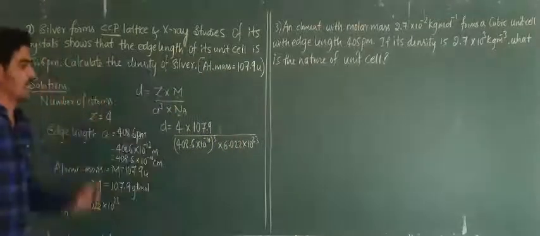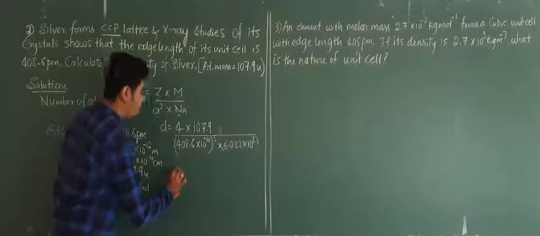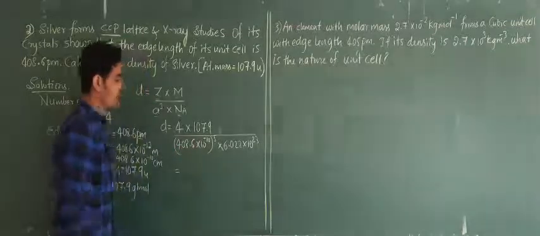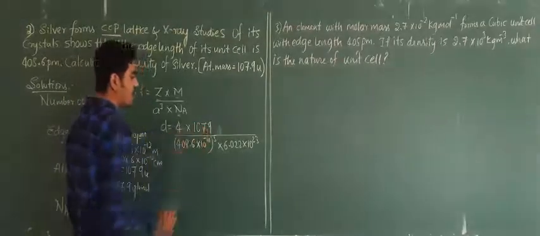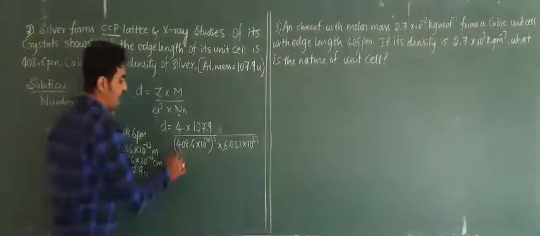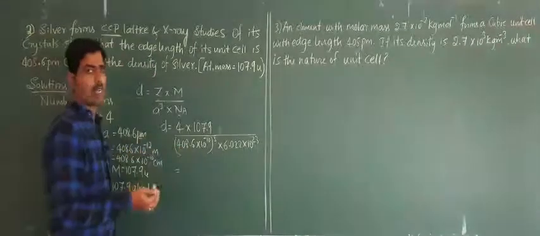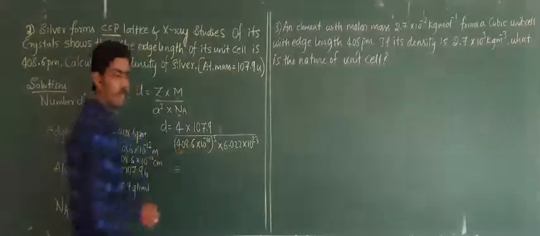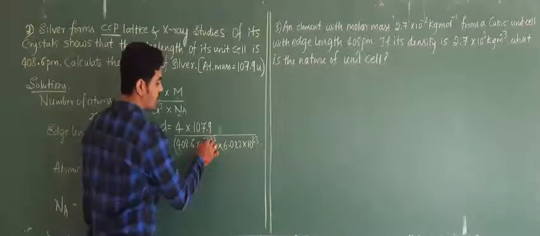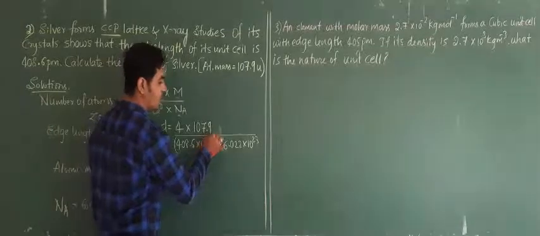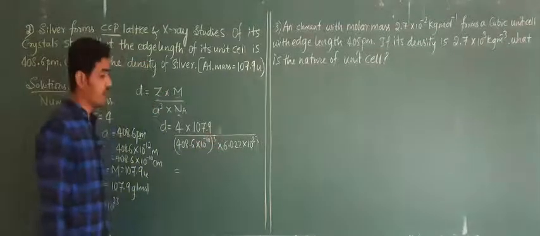So this is the value. Now simplify this by multiplying 4 with 107.9 and taking the cube of 408.6 into 408.6 into 408.6, and 10 raised to minus 10 into 3, that is 10 raised to minus 30.